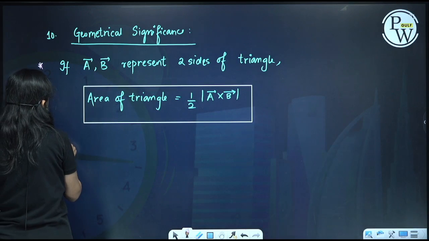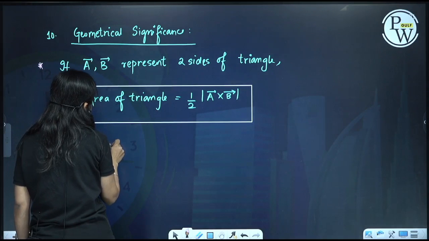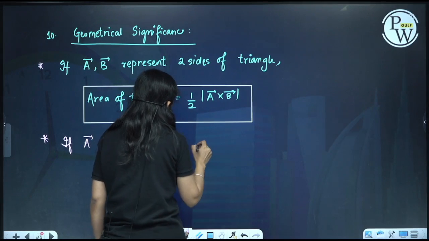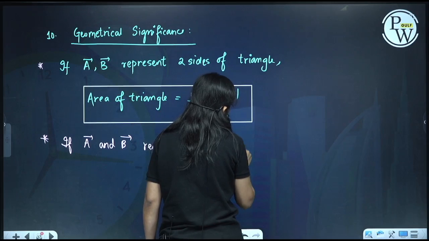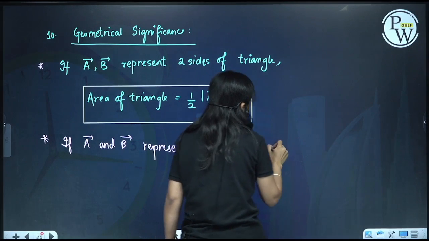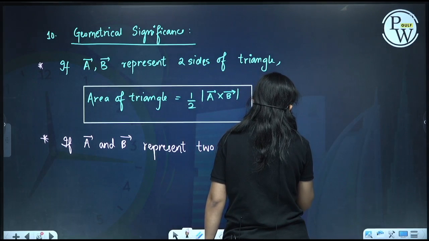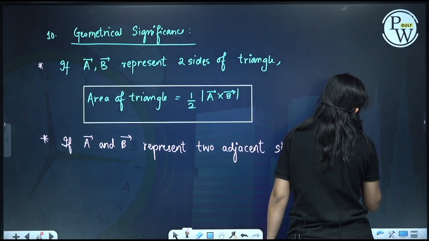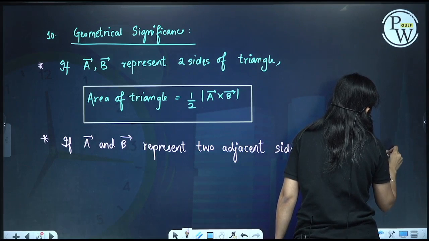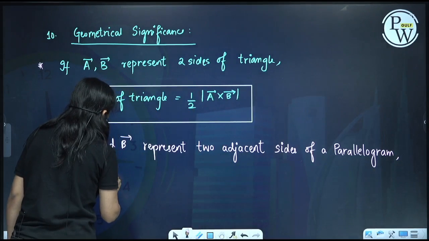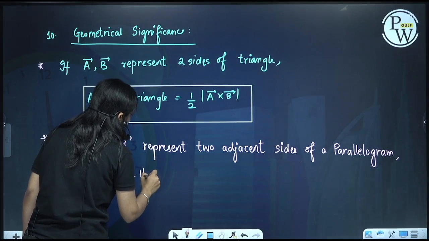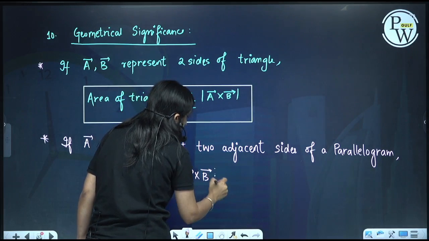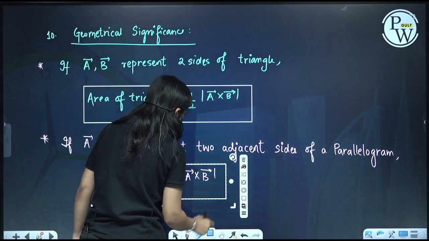And if a vector and b vector represent two adjacent sides of a parallelogram, then the area of the parallelogram is equal to magnitude of a cross b.